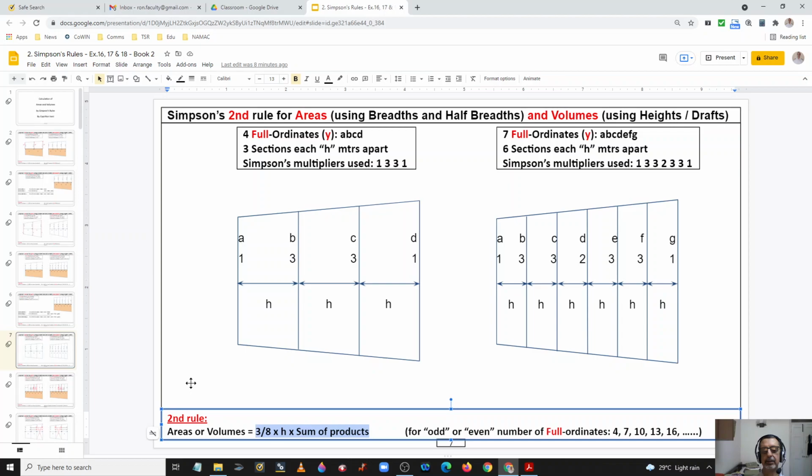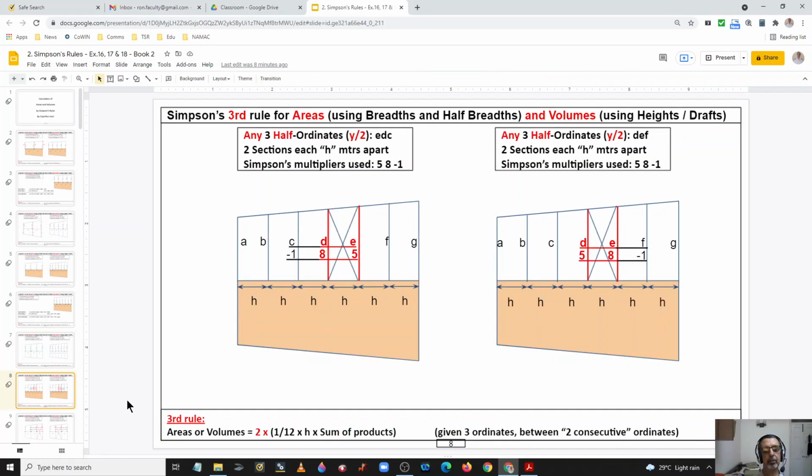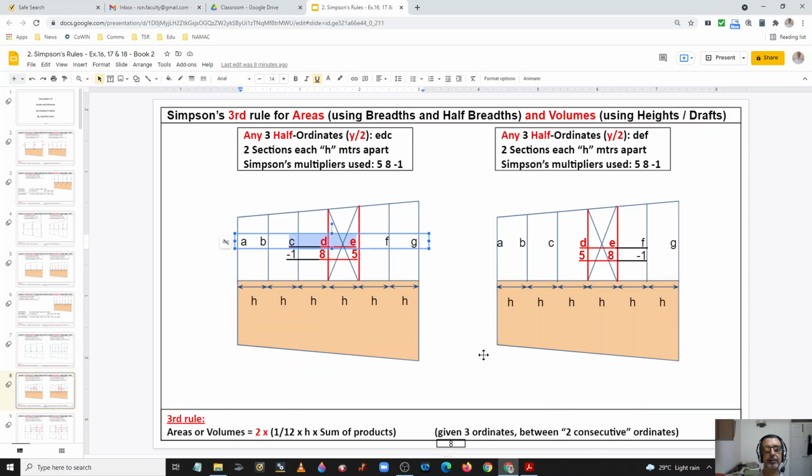Moving on to Simpson's third rule. We need to find the area between the ordinates D and E. And we have half ordinates, in this case C, D, and E. If we have to find the area between the ordinates D and E, we need to work backwards, that is from right to the left.